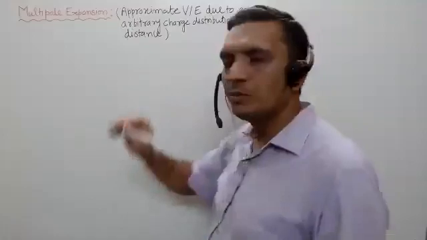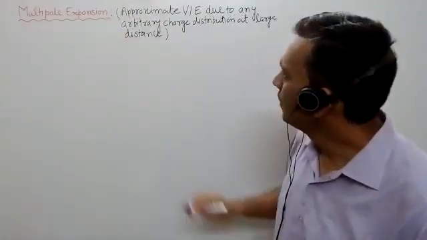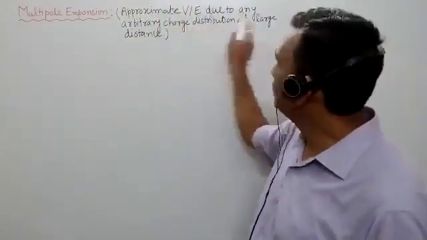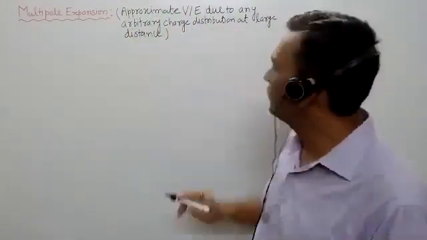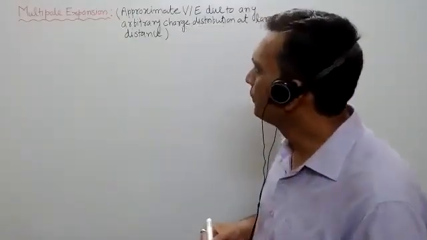Large distance means point P is far away from the charge distribution. So you will get approximate V or E due to any arbitrary charge distribution at large distance from the source.